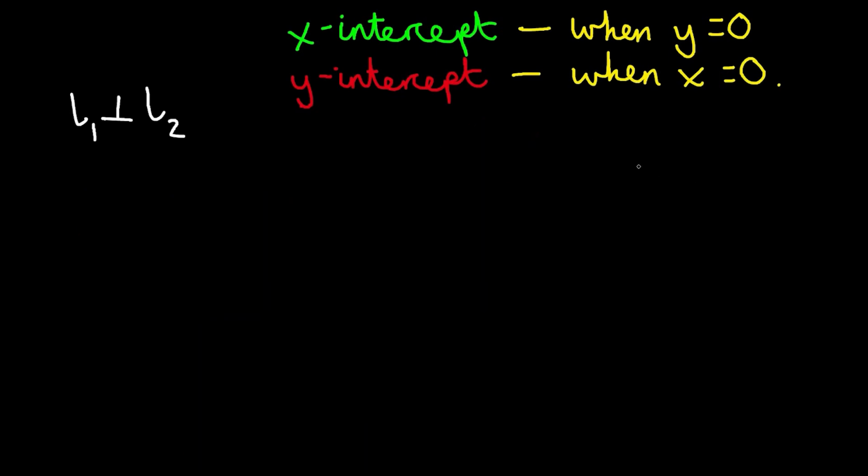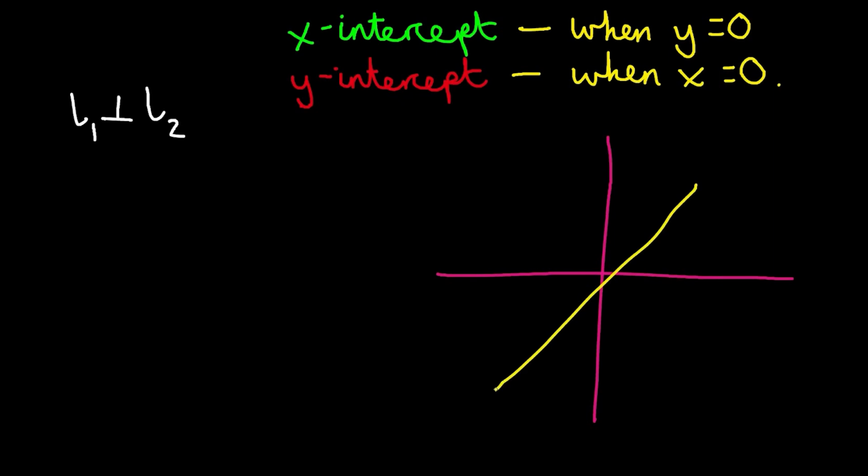Some students can struggle with this idea, so it's worth doing another example. Let's say we have a line here and a line here perpendicular to it, and we know the equation for this line here is y equals 2x minus 1, and we just want to find the gradient for this one here.